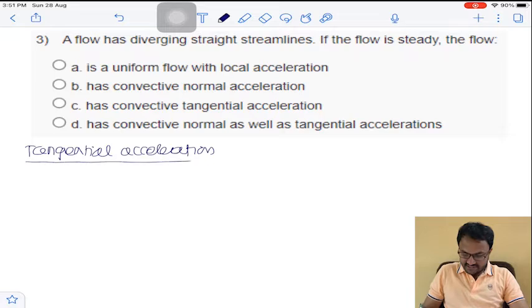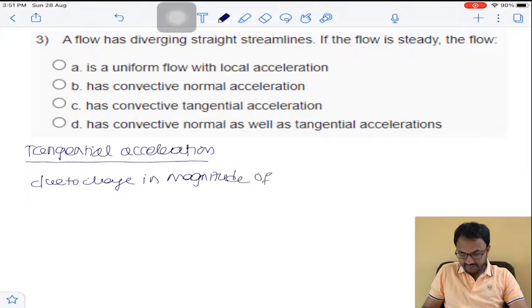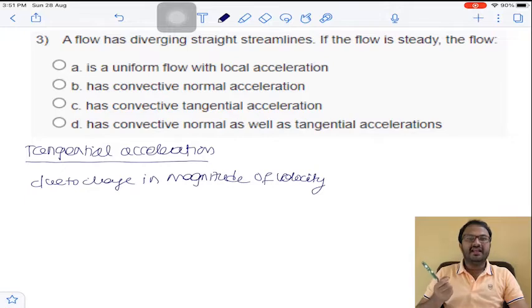Tangential acceleration means due to change in magnitude of velocity. In a flow, when there is a change in magnitude of the flow, then that particular flow has tangential acceleration.